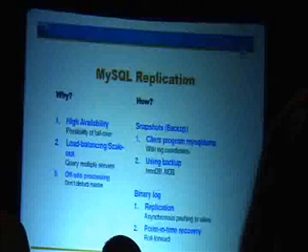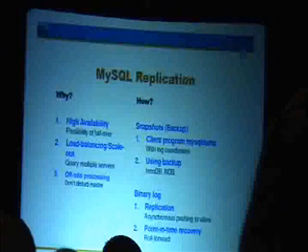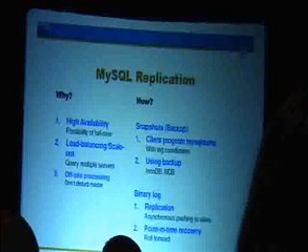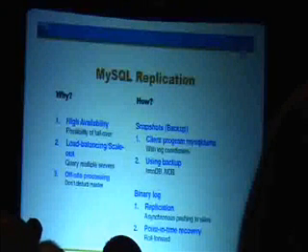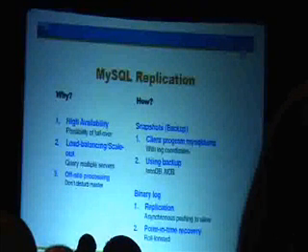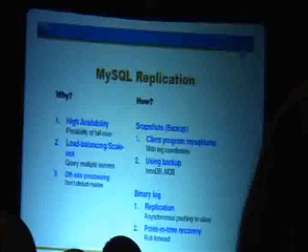So to mention a few things about synchronous and asynchronous replication. Synchronous replication is when you put something on the master, and you don't allow it to be committed until it has been replicated. So you're always sure that the information is in two places. But this is not what we have.